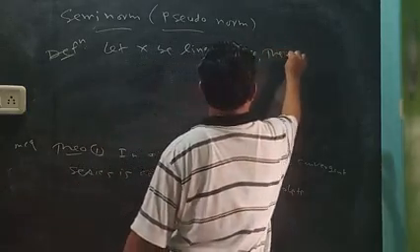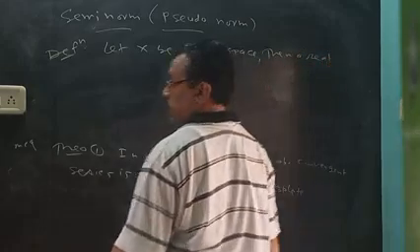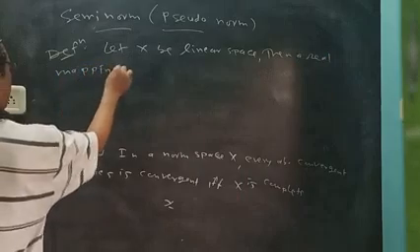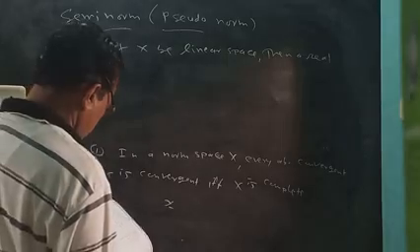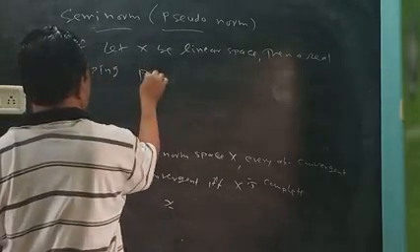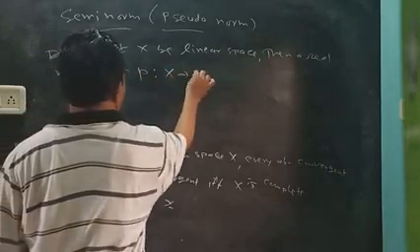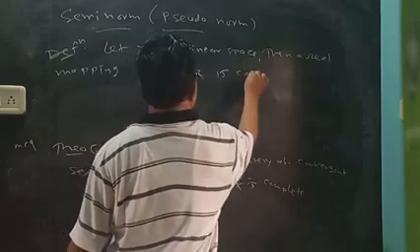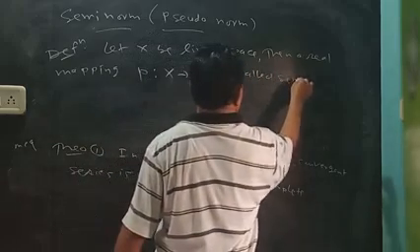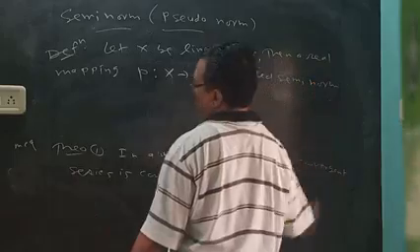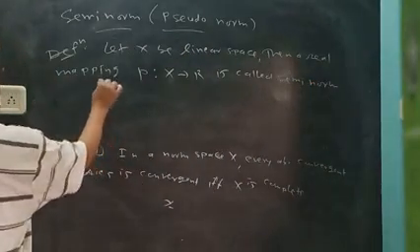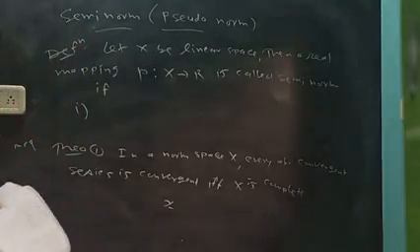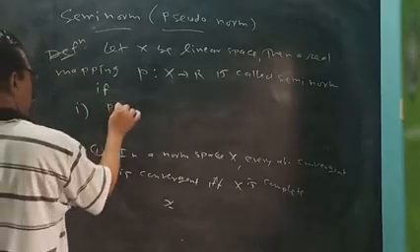Then a real mapping P from X to R is called a semi-norm if it satisfies 3 properties. A norm has 4 points, so only 1 point is not possible.